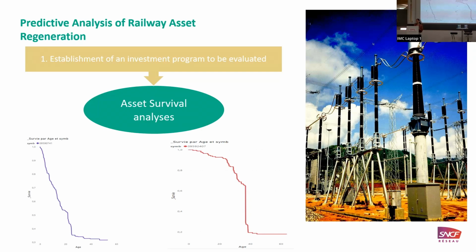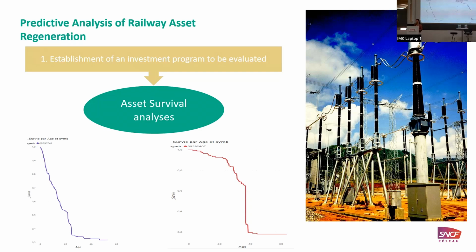The curve typically starts at 100% of functioning, or one for probability, indicating that all assets are operational, and decreases as time progresses, reflecting the likelihood of assets failing as they age.